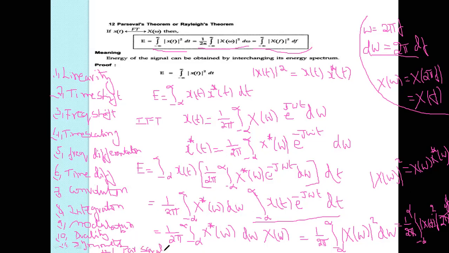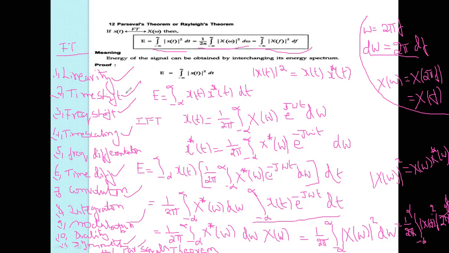Parseval's theorem, also called Rayleigh's theorem. So these are the 12 properties in the Fourier transformation. In the Fourier series also we have the linearity property, time shift property, frequency shift property, scaling property, time differentiation property, convolution property, modulation property, and symmetry property.